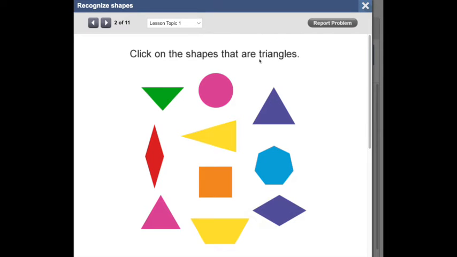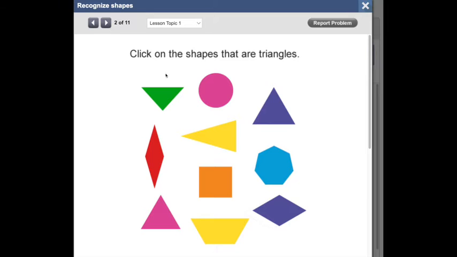Now tell me the sounds. T-R-I-A-N-G-L. And the E is silent, and then S, like for snake. Now let's try to say this word. Triangles. Good.